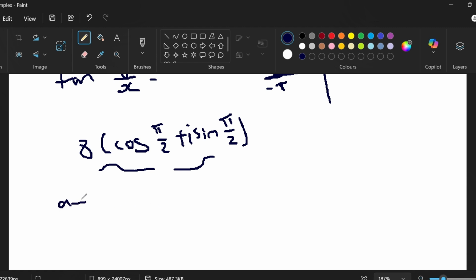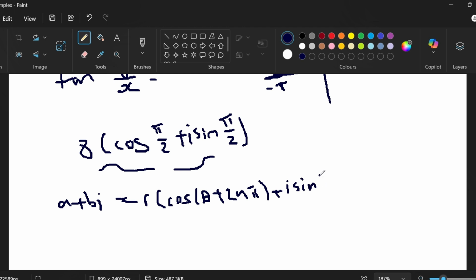In the general polar form for a complex number a plus bi is r times cos theta plus 2n pi, plus i sine theta plus 2n pi.